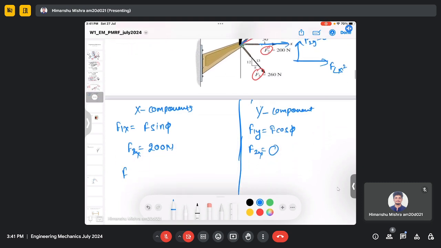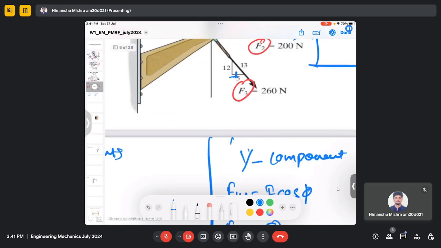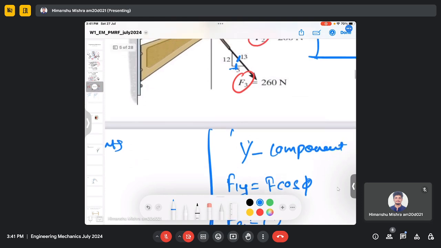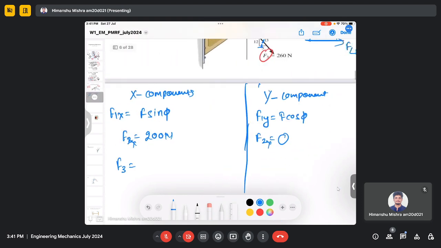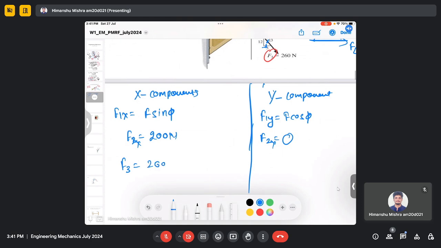Similarly, I can write F3. Here I can use the law of triangle that we have used earlier. In the x-axis, I have to consider this side and this side, right? So it will be 5 by 13. So 260 multiplied by 5 by 13.